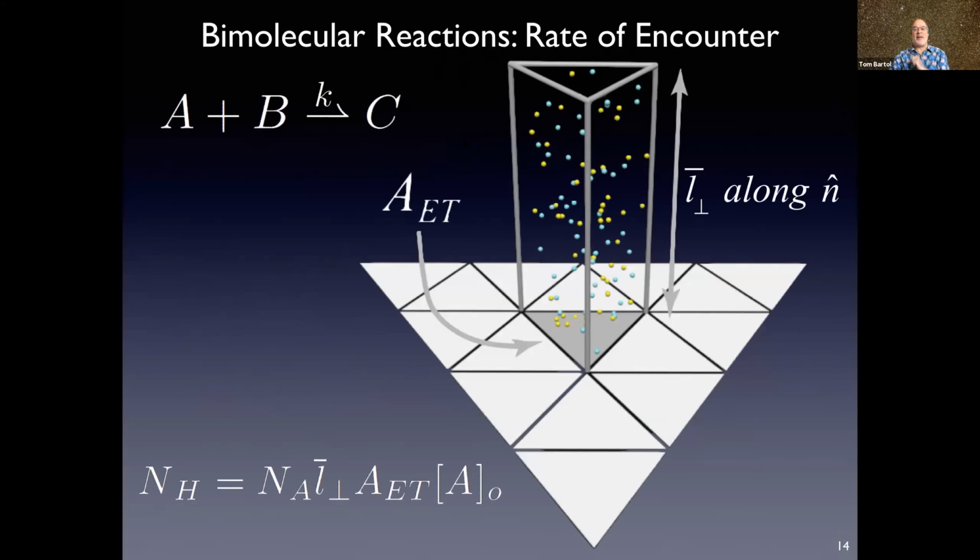Now, what about bimolecular reactions where we say A plus B goes to C with rate K? Here we can't calculate the lifetime of A and B individually.